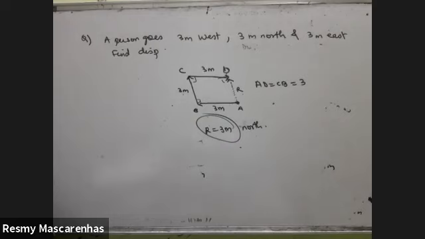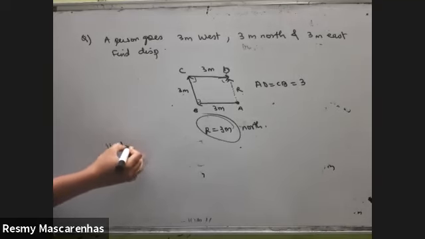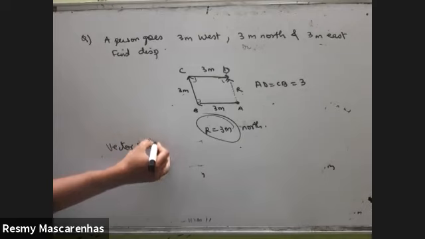Now we'll check whether it is commutative or not. We'll prove that vector addition is commutative.